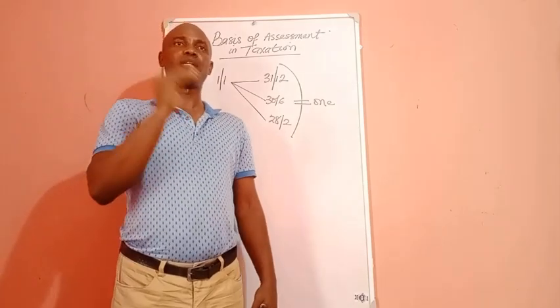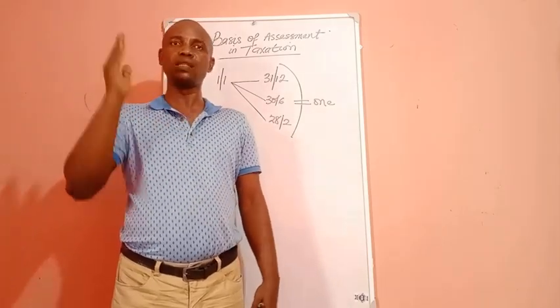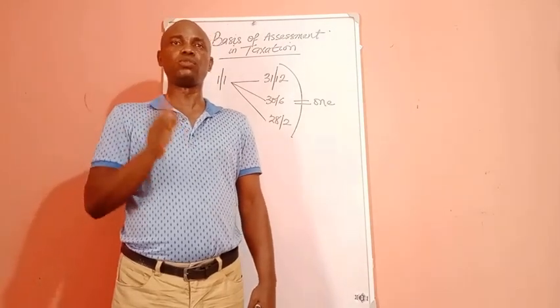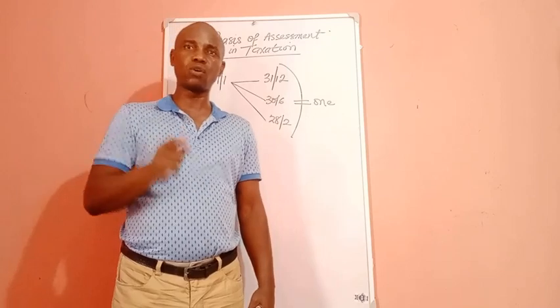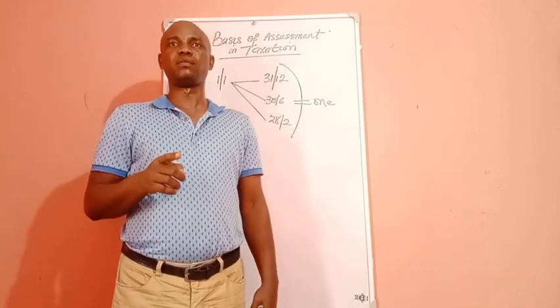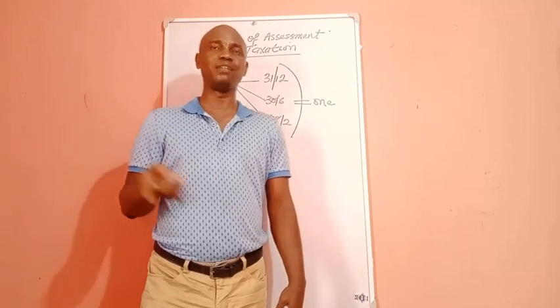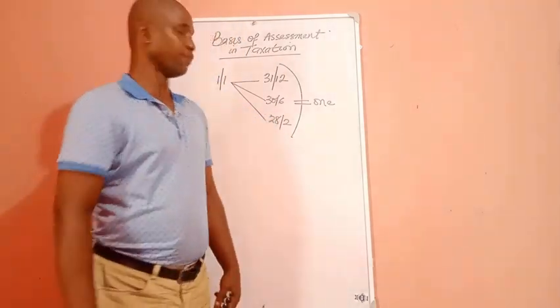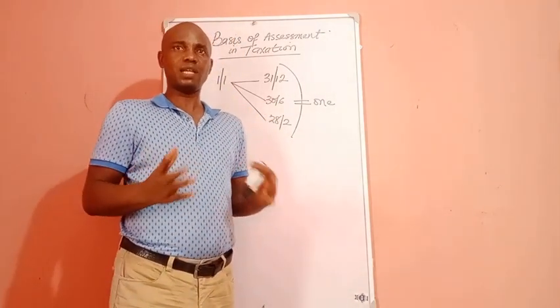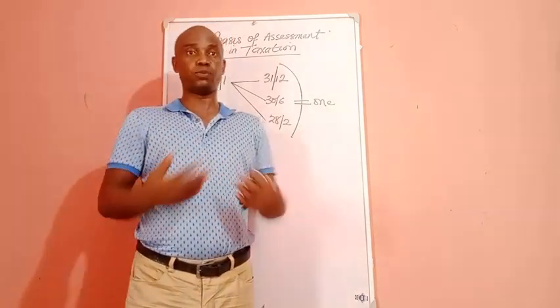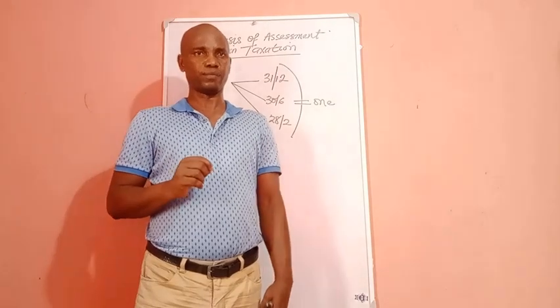You're supposed to know that January stops at 31, February 28, March 31, April 30, May 31, June 30, July 31, August 31, September 30, October 31, November 30, and then December 31. Now, you have to master this. Yes. So many students cannot give account of these dates the way I just pronounced them. It will help us a lot.